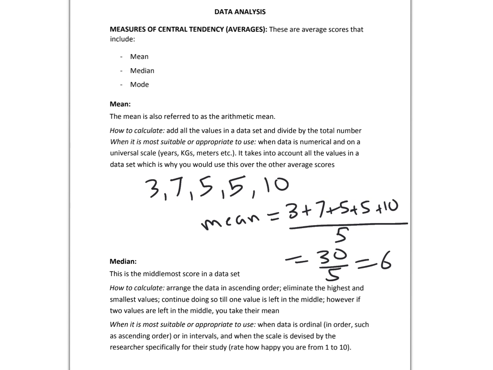So what does that mean? So firstly, data that is numerical obviously means that it's data that is in the form of numbers, as you can see over here, and on a universal scale. Universal scale basically means this is a scale or a unit that is accepted universally. For example, in this particular question, I am assessing students' marks, right?